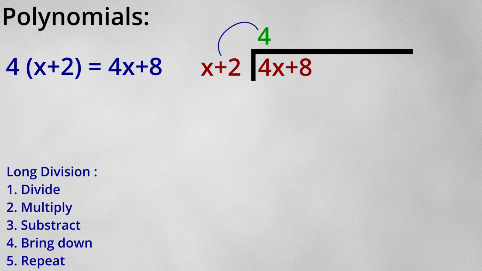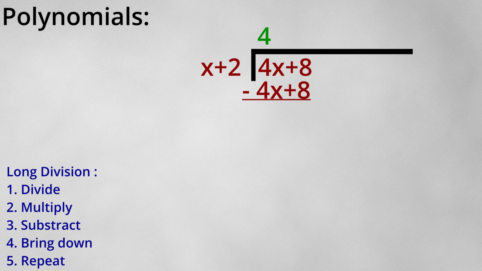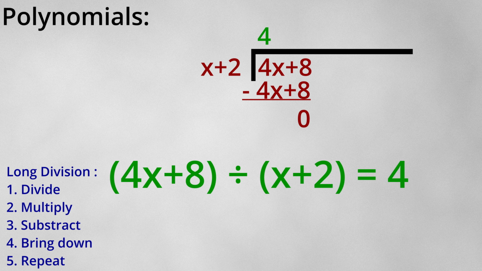So, 4 times x plus 2, and we write our answer underneath, and then subtract. In this example, we have 4x plus 8 minus 4x plus 8, which gives us no remainders, and now we know that 4x plus 8 divided by x plus 2 is 4.